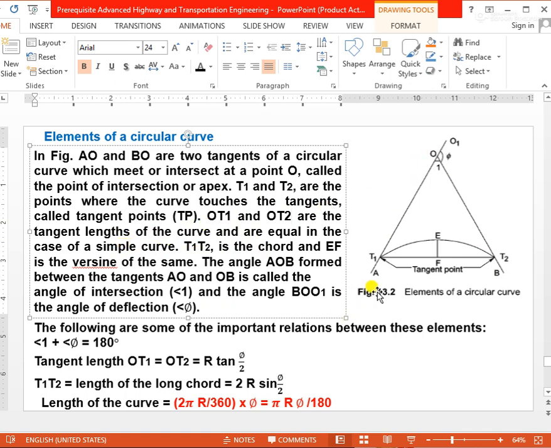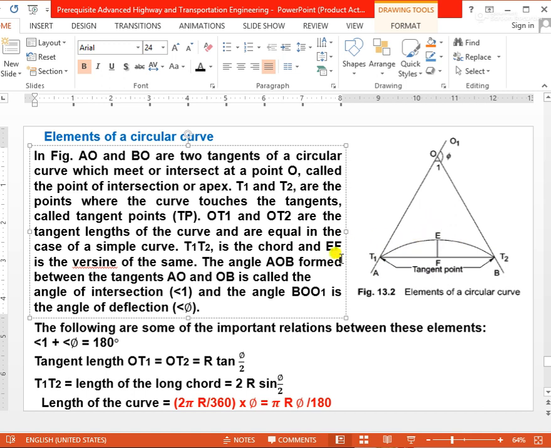This OT1 value and OT2 value are the same length. T1T2 is the chord, this length is the chord, and EF is the versine. T1T2 is our chord length, and EF is the versine of the curve.